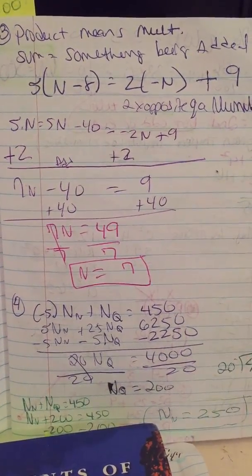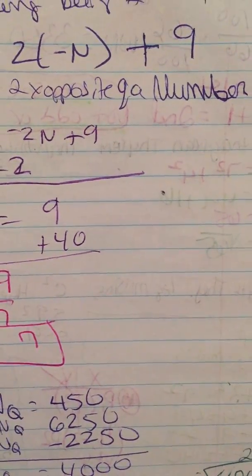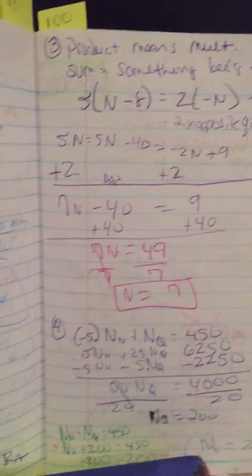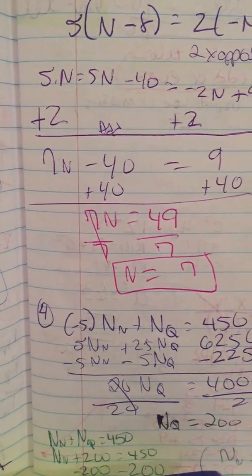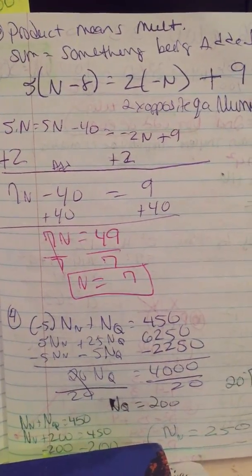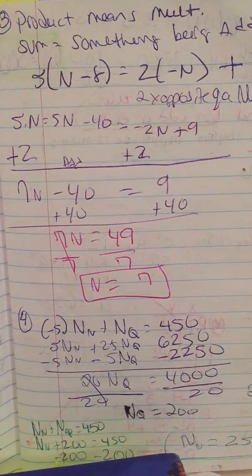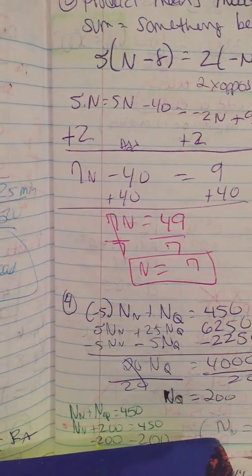5n minus 8 equals 2 times the opposite of n plus 9. 2 times the opposite of a number, that's what we're looking at. So 5 times n equals 5n minus 40 equals negative 2n plus 9.